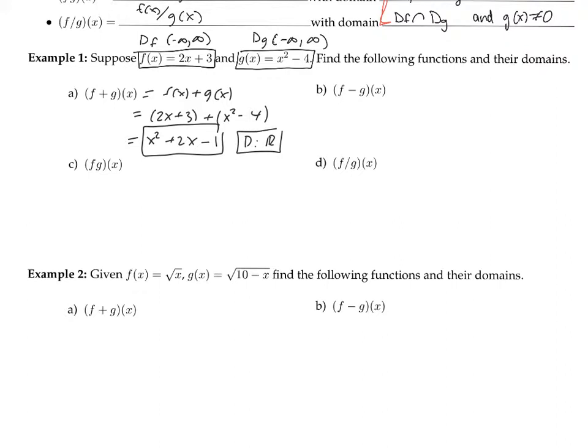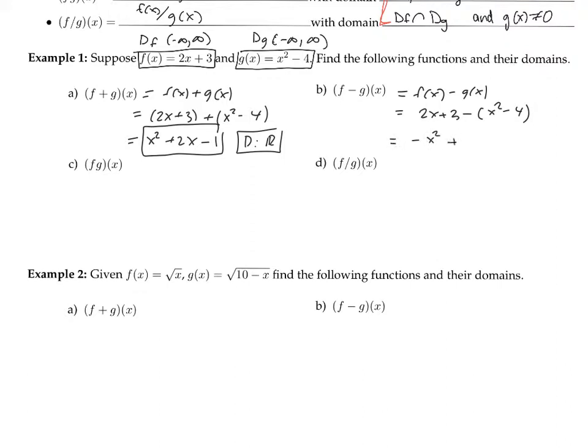Subtraction is only slightly tricky in that you can't forget parentheses. If you're going to do f of x minus g of x, that's 2x plus 3 minus the quantity x squared minus 4. That's the only way you can take away the entire function. So when that negative distributes, what happens to the sign on the x squared?